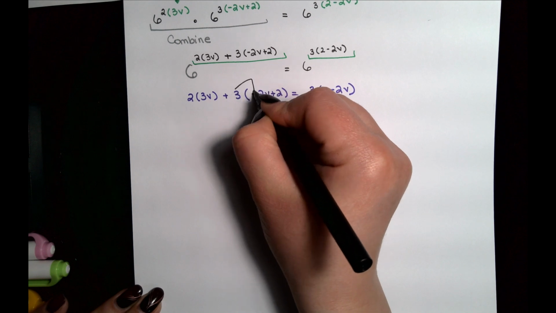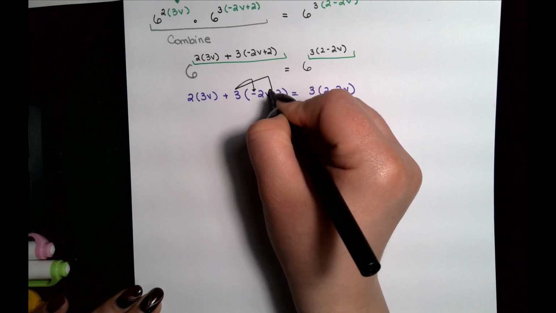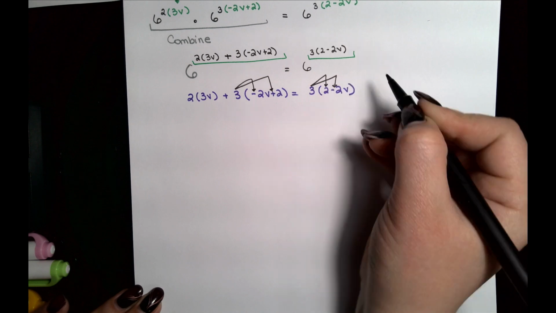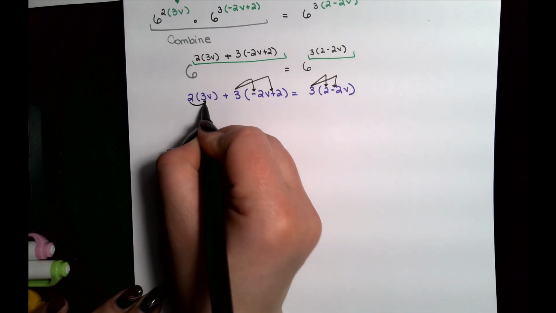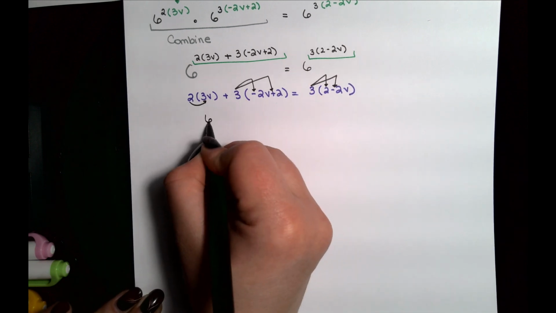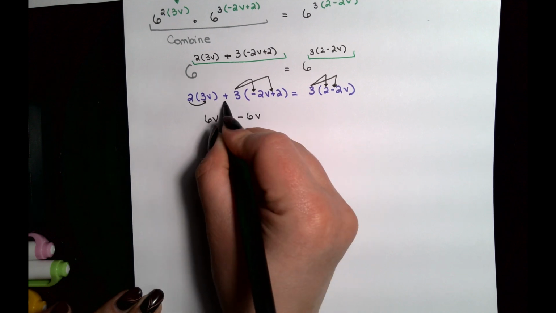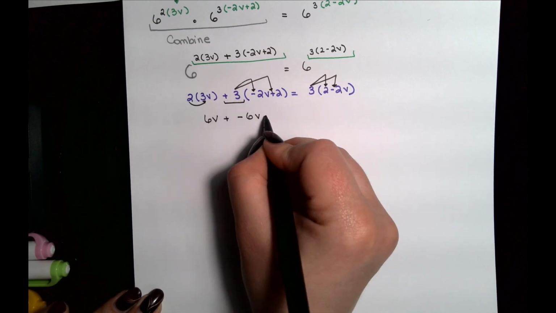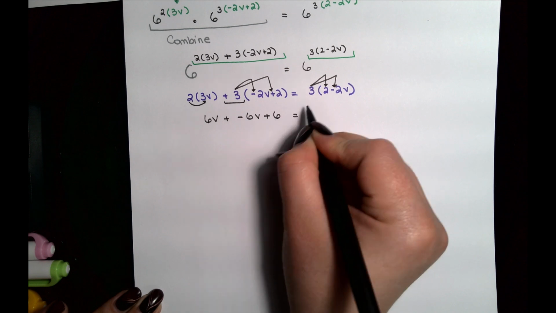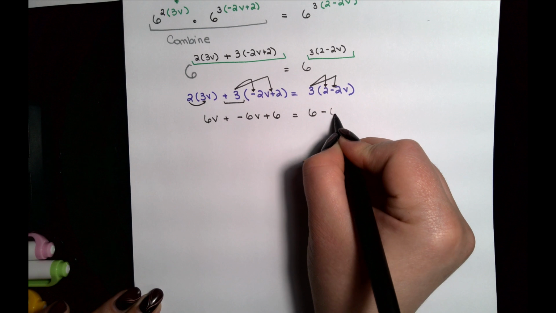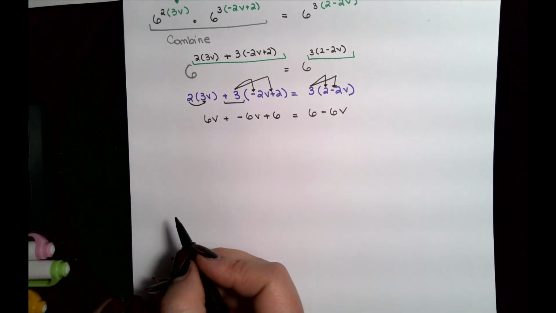So 3 goes to the negative 2, 3 goes to the positive 2, 3 goes to the positive 2, 3 goes to the negative 2. Here, this is just 2 times 3. We got 6v plus a negative 6v, this is a positive 3, times 2 is positive 6, equals 3 times 2 is 6. 3 times negative 2 is a negative 6v because it has a v.